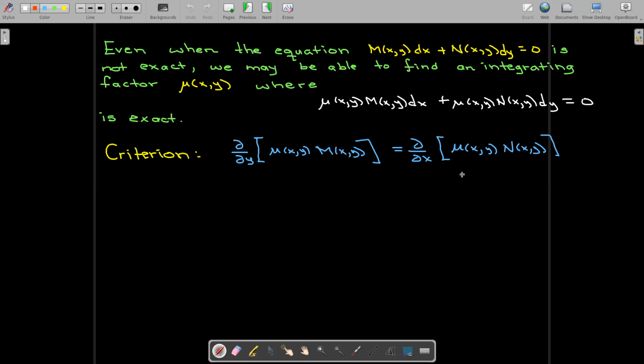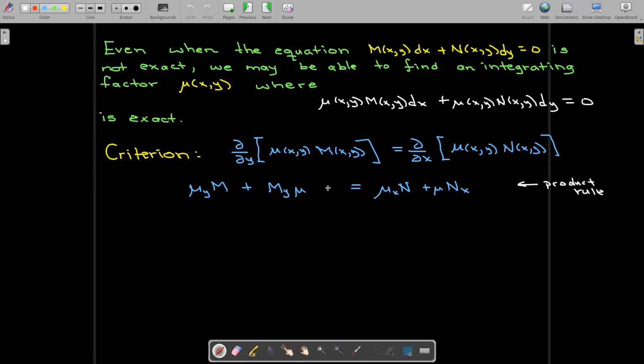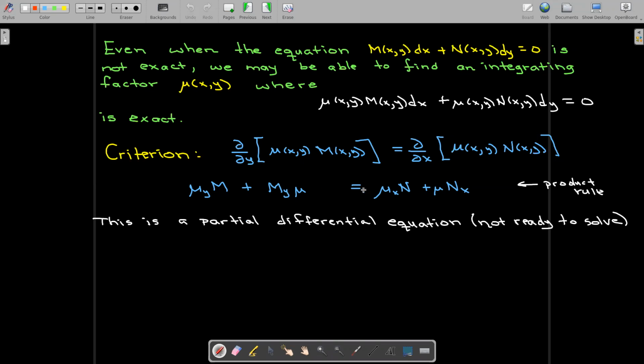Now, if I work this out, I need to use the product rule with these partial derivatives. In order to get this equation, I would need to find a function, mu, which solves this equation. Unfortunately, this is a partial differential equation. All of these derivatives are partial derivatives, and we're not ready to solve that.